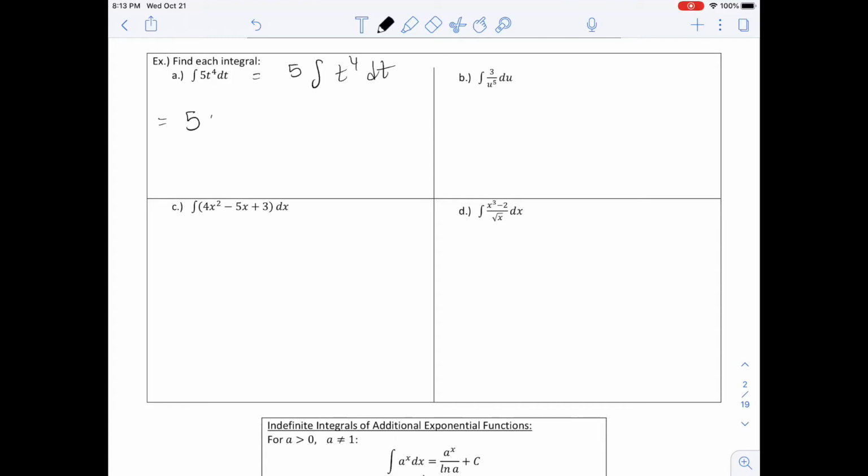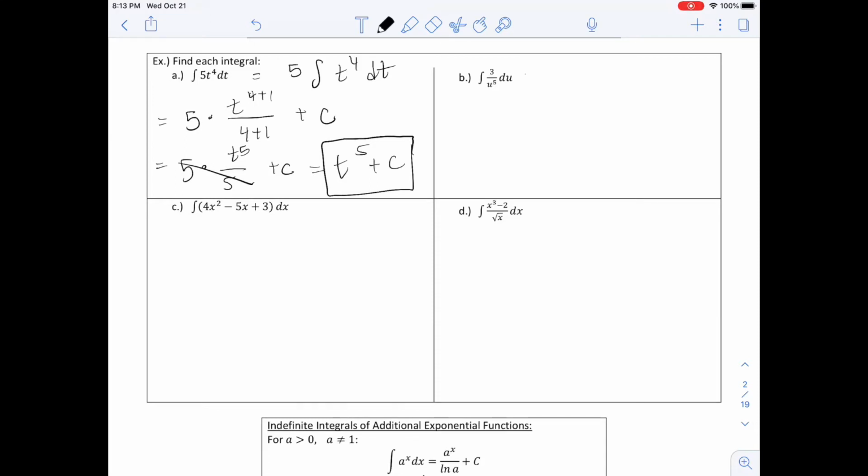And we have our 5 would just stay there, adding 1 to our exponent and dividing by that same value, plus c. And then we would simplify this to being 5 times t to the 5th over 5 plus c. Your 5's would reduce and cancel out. And we have t to the 5th plus c. Again, you could take your derivative of this and check to see if it's correct.